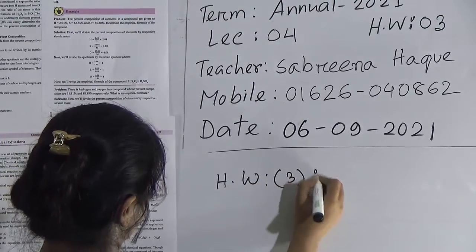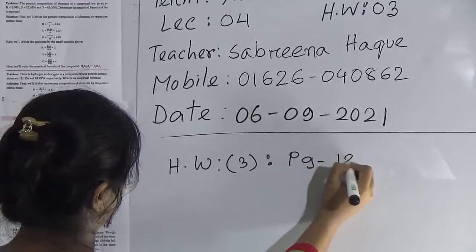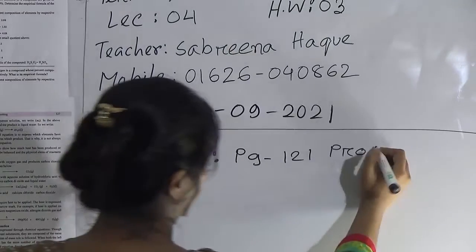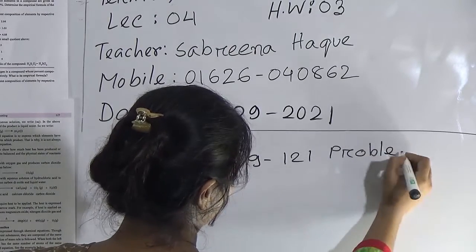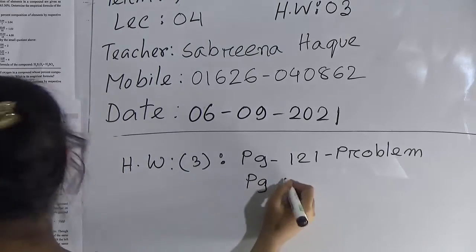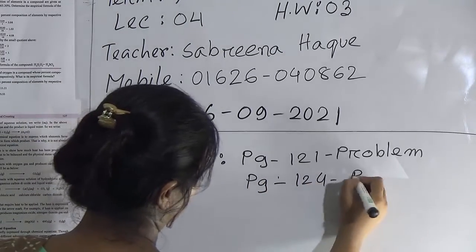SW3 is page number 121 problems, which is given for doing your activity, and page number 124 problem.